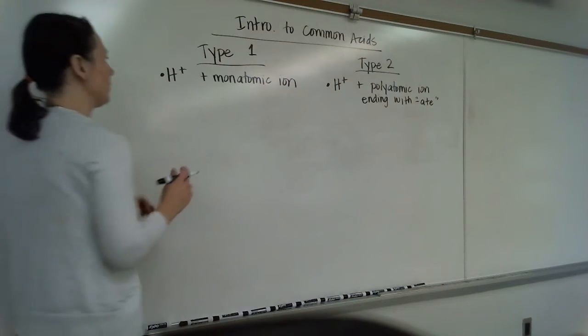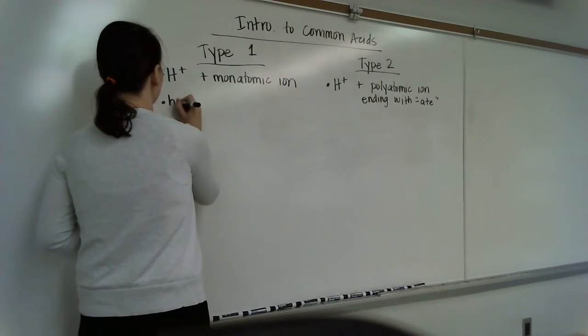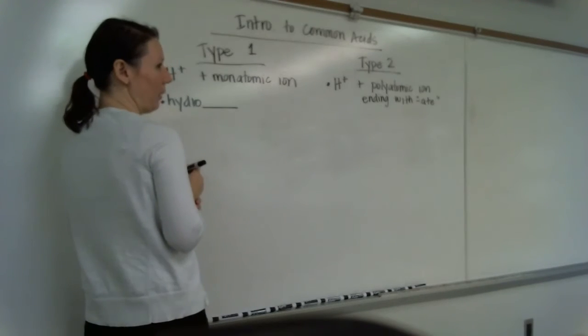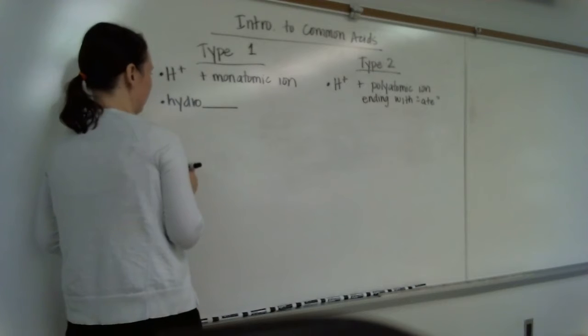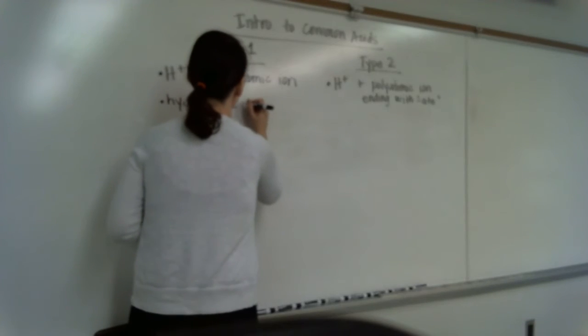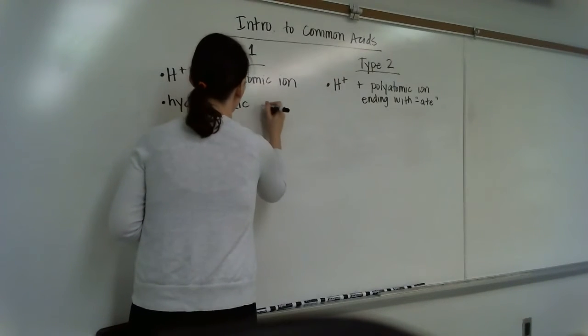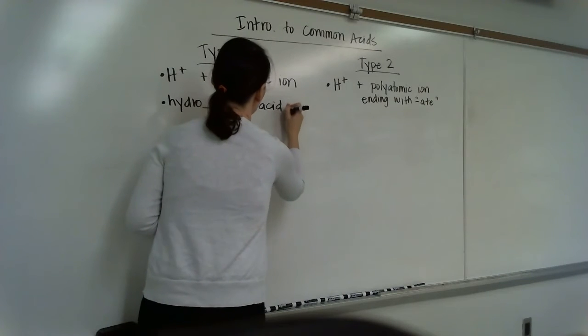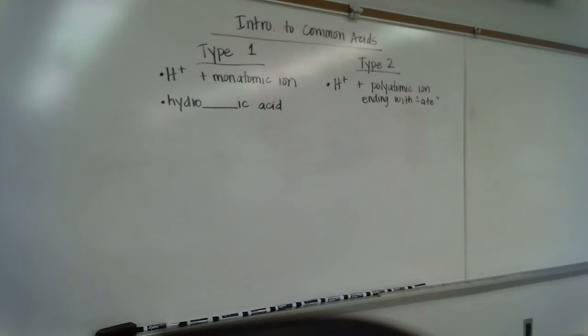So how do you name this type? You put hydro, and then you put whatever the monatomic ion's name is, and then you put the suffix ic acid. Hydro blank, and then ic acid.